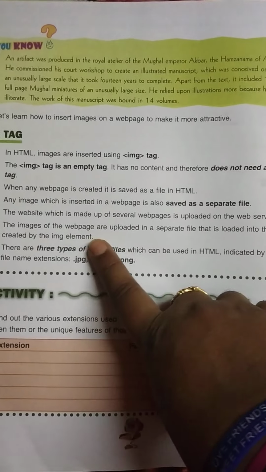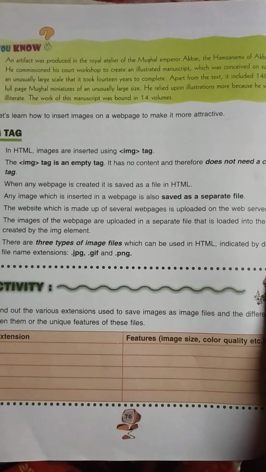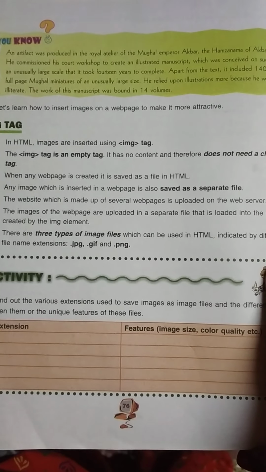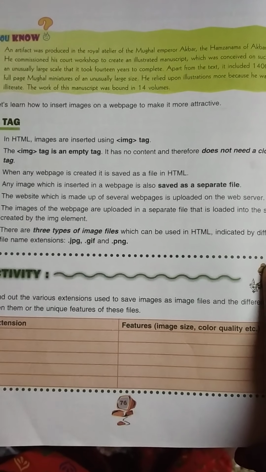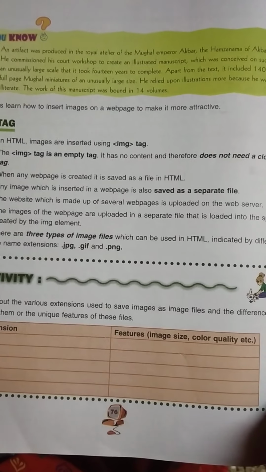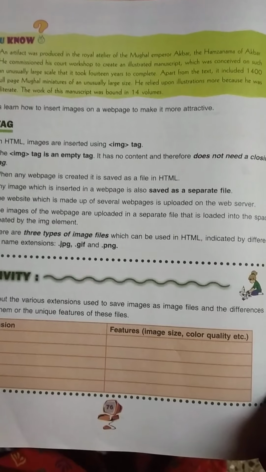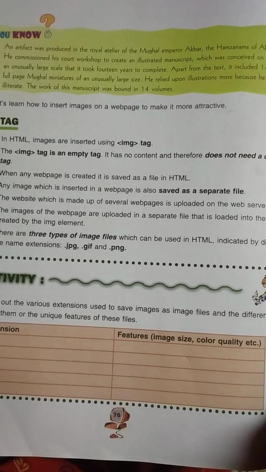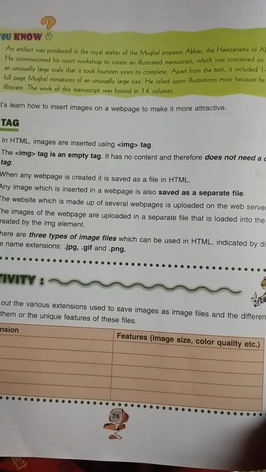Now you can see the next sentence: the image which is inserted in the web page is also saved as a separate file. What does that mean? Suppose you are inserting an image into a web page, then that image is a separate file whose address you store in your program, and your program is saved as a different file.